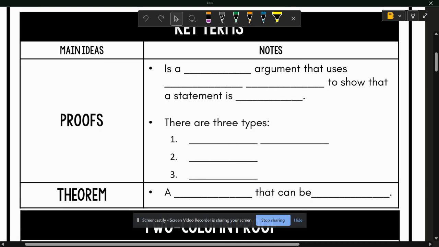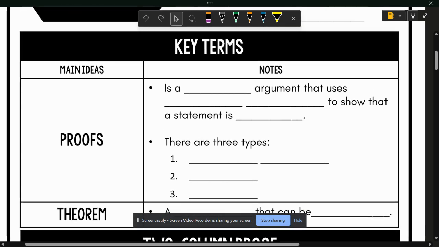Some key terms before we talk, because it is about segments. Some of the things we need to remember are about proofs. A proof is a logical argument that uses deductive reasoning.